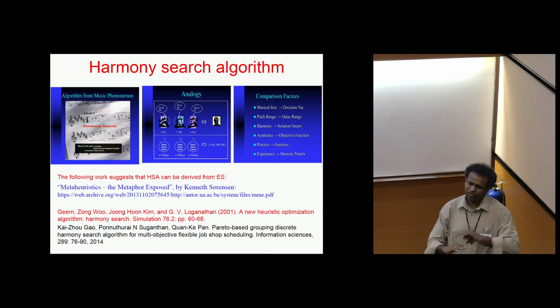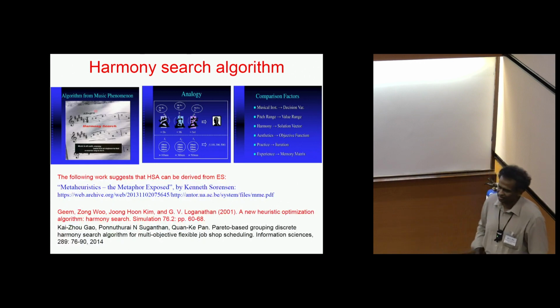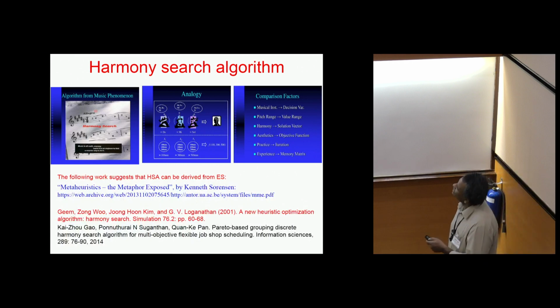They showed how it is mapped from harmony search algorithm to evolution strategy. Of course, the storylines are fairly different, it's coming from music. As I mentioned, with many of these nature-inspired algorithms the narratives are fairly different, but when you write the equations, they are very similar to previous methods when you look at the recent ones.